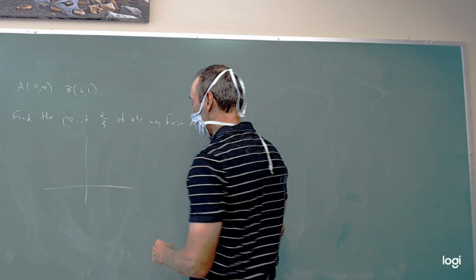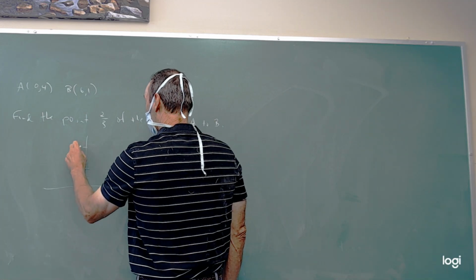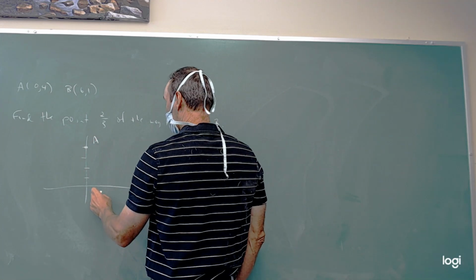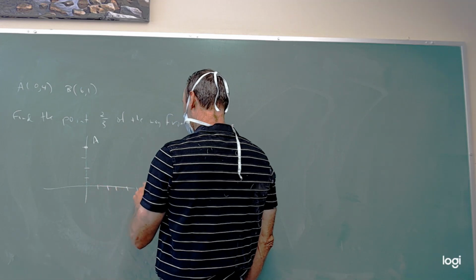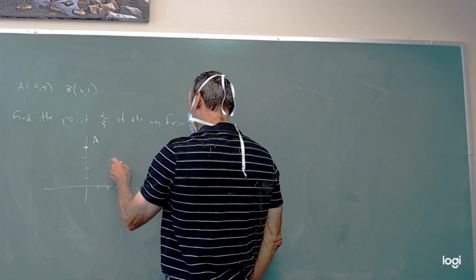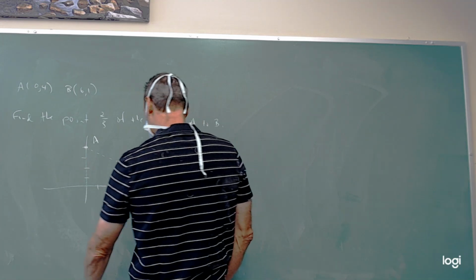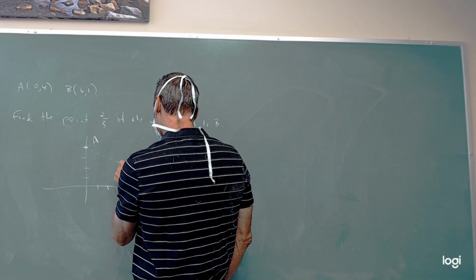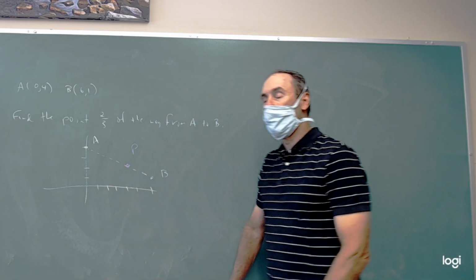So A is going to be 0, 4. There's A. B is going to be 6, 1. There's B. So we want the point that's going to be about 2/3 of the way from A to B.